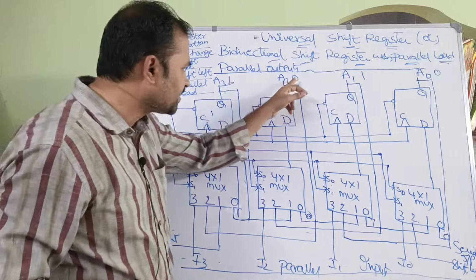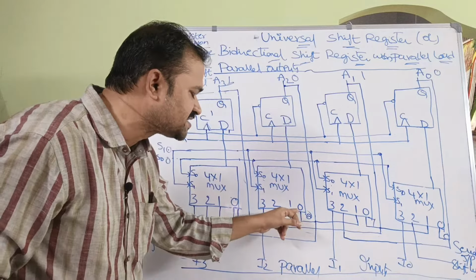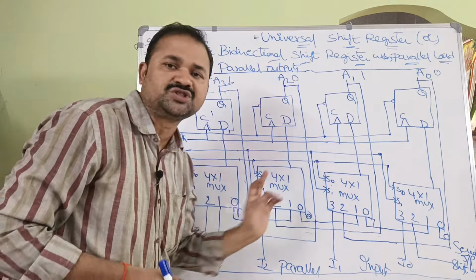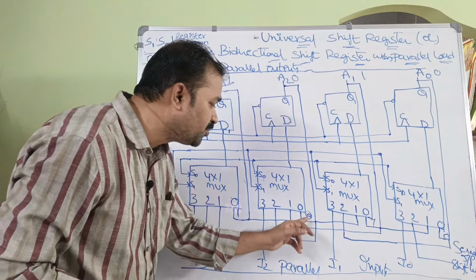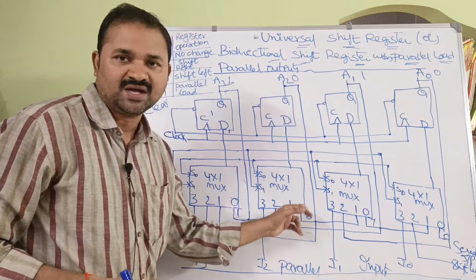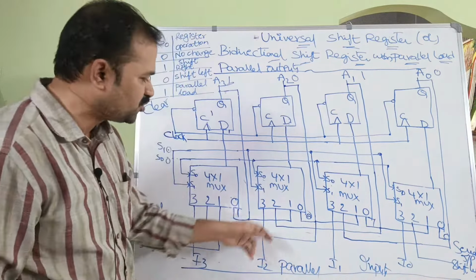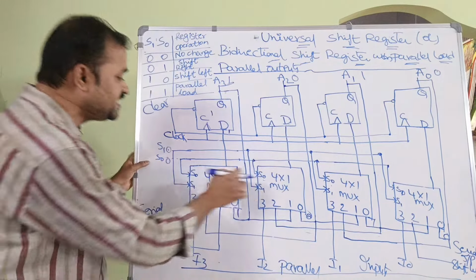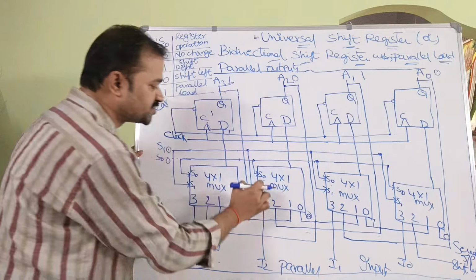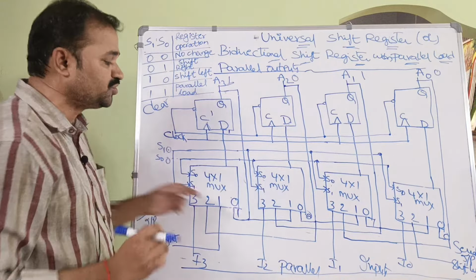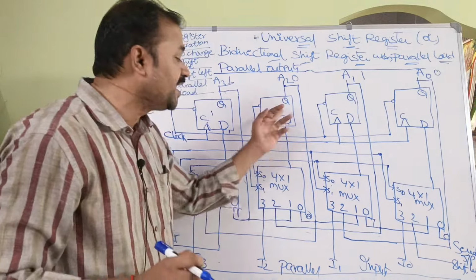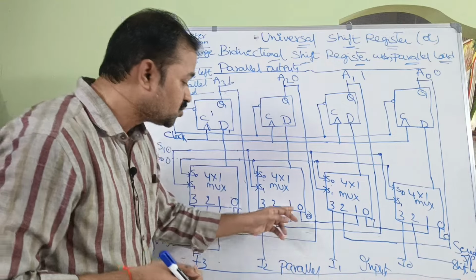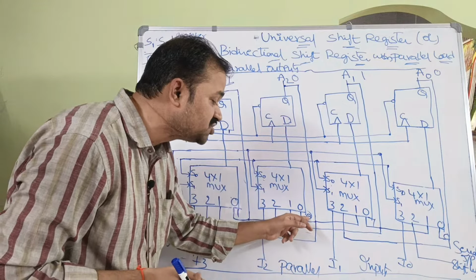If you observe here, this 0 will be connected as input to this 0th input line. This I0 is nothing but the 0 data input line. It contains 0. If you see here, these are nothing but selection inputs. If the selection inputs are 0 0, then this 0 data input line will be selected as the output. So what does the 0 data input line contain? 0.